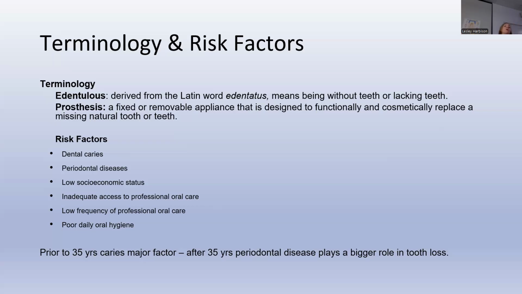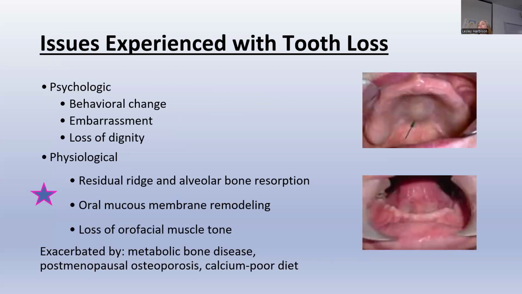Caries happens a lot more in the younger age population. Certainly, caries happens in the older population as well, but a lot of times you'll see either a mix of caries risk and perio or just more perio risk as people are above 35. But certainly they can have both. It's not a blanket statement by any means.